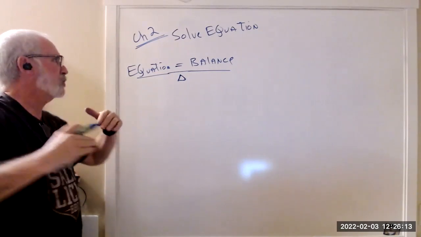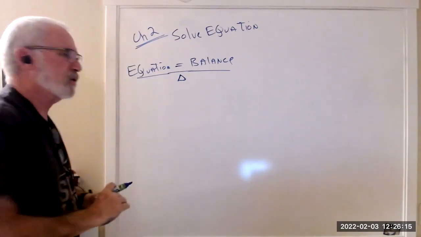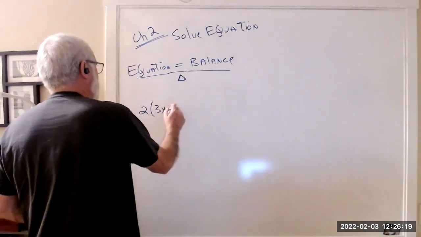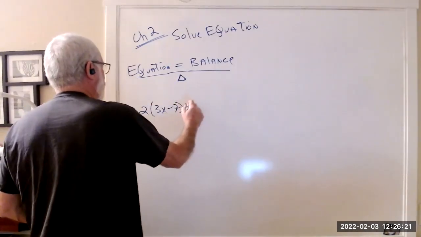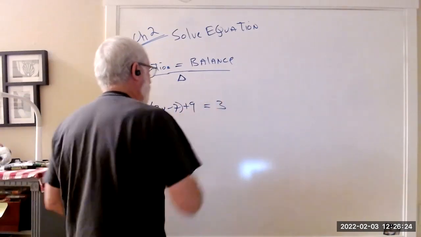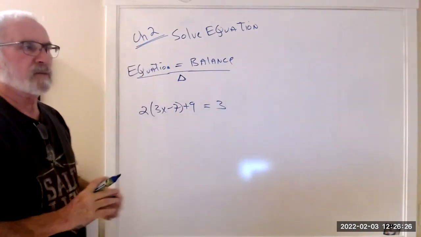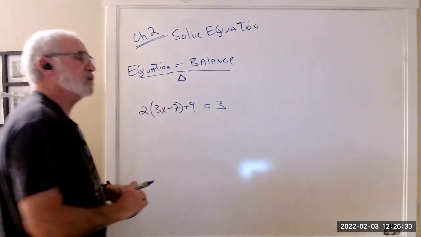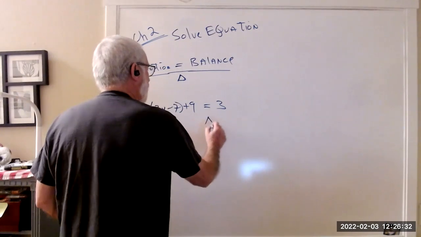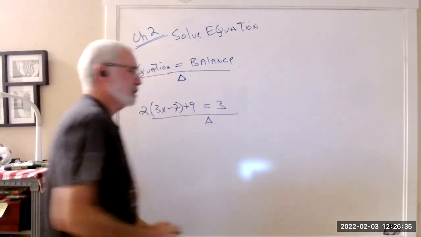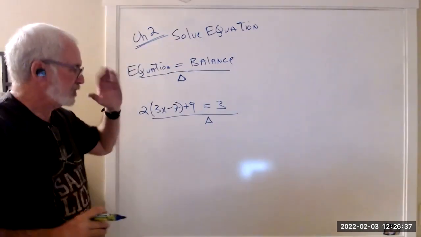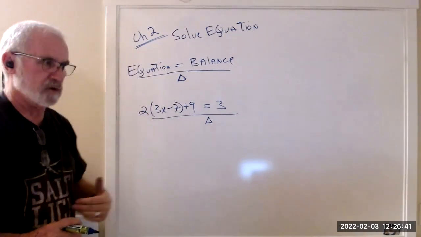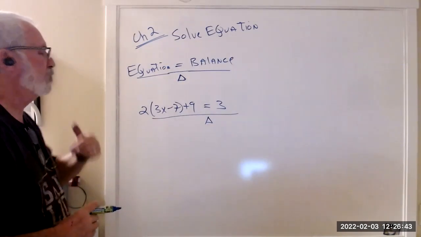When we write an equation, it's perfectly balanced, no matter how ugly we write it. 2 parentheses 3x minus 7 plus 9 equals 3. Okay, your eye says, oh, the left side is bigger than the right side. That doesn't matter, because an equation represents balance.